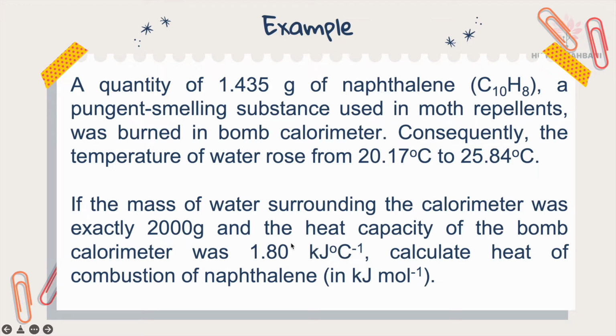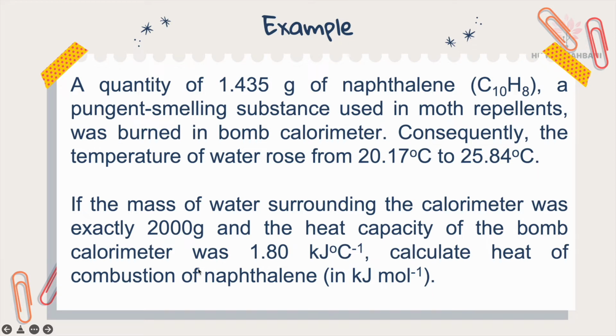So here, heat capacity of bomb calorimeter is per degree Celsius, so for your temperature change, you don't need to change to Kelvin, because here it's per degree Celsius, you can just use degree Celsius straight away. So this is the heat capacity of the bomb calorimeter, the capital letter C, 1.8 kilojoule per degree Celsius.